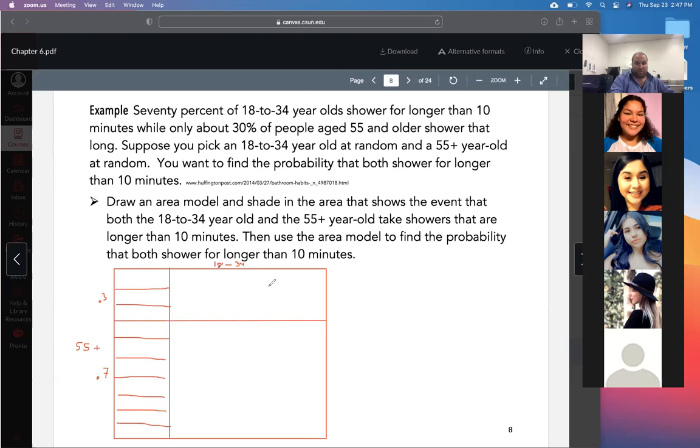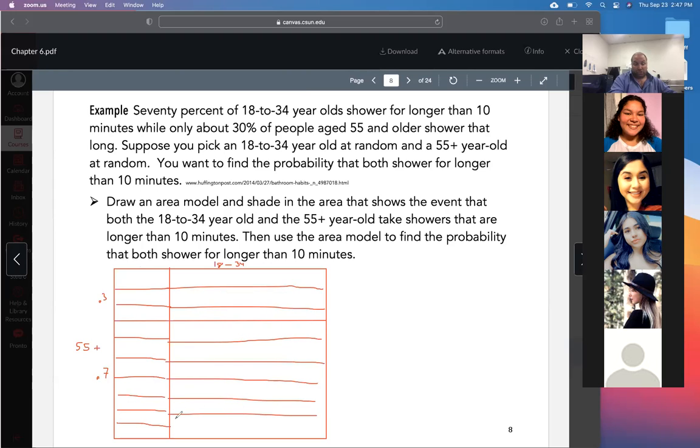And then, of course, these lines should go to the end. So I have 30% representing the shower longer than 10 minutes, and 70% is not. And then I do the same thing here. 30% is, hold on a second.